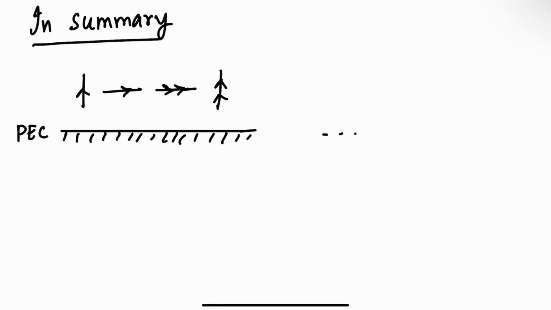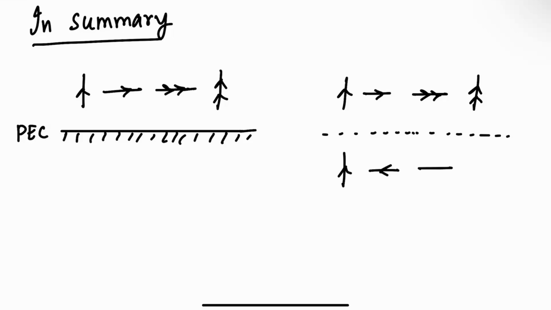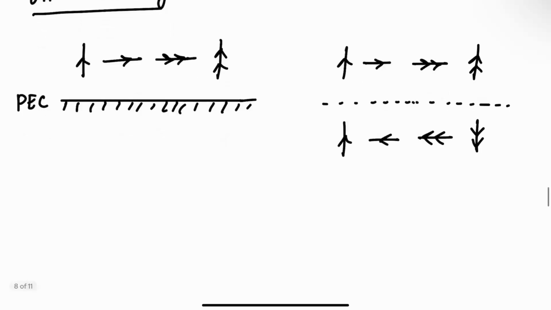And then on the right, we have our fictitious boundary. And the images which we discussed earlier look like this. Right? And then we can also do the PMC case.